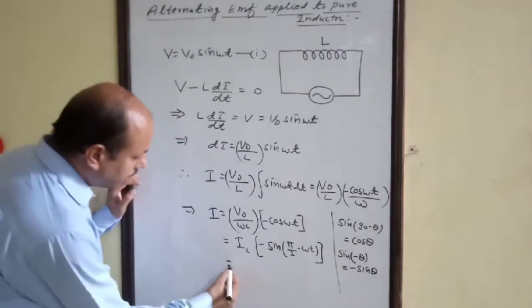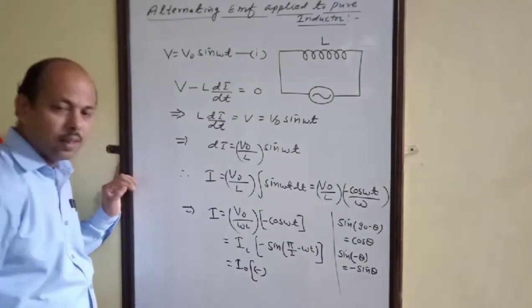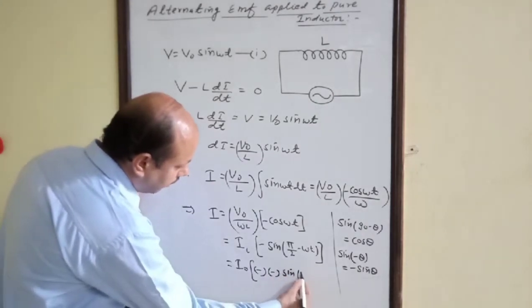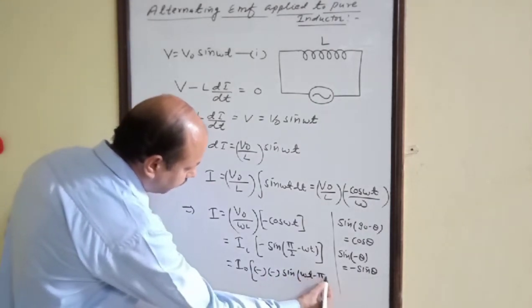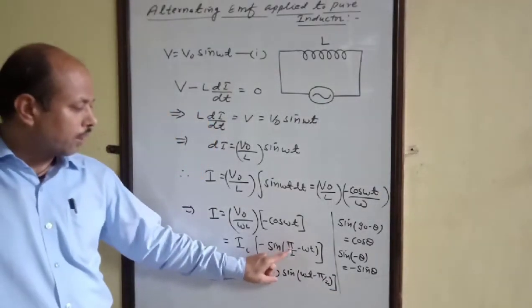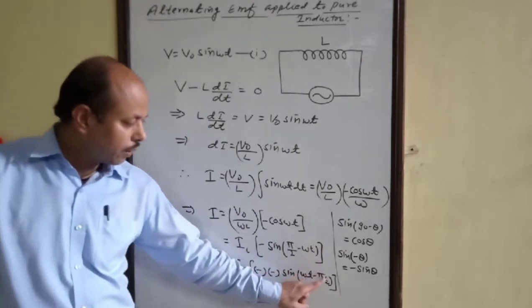Therefore, how will we change it? I naught, this minus sign as it is, and we can also write minus sine omega t minus pi by 2. I think you are easily understanding. Here it is pi by 2 minus omega t, and here I have written omega t minus pi by 2.